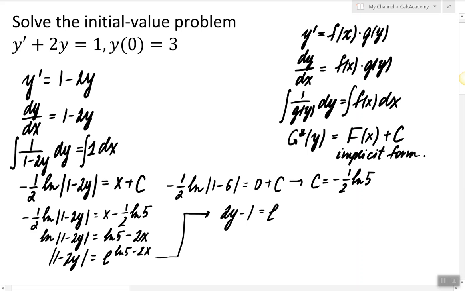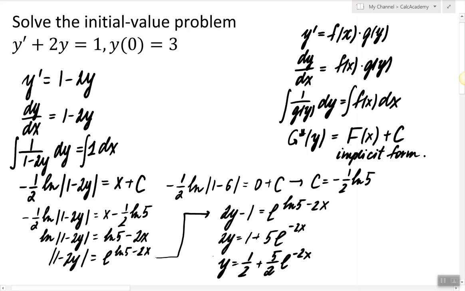So here's what we have, and now 2y is equal to 1 plus e to the power ln 5 minus 2x, which can actually be written as 5 times e to the power negative 2x. And finally we divide both sides by 2, and we get the solution to the given initial value problem in explicit form.